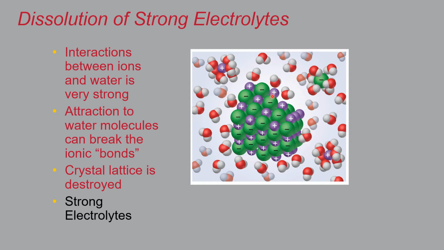Now, when you do this with salt, basically all of the salt, the entire grain or chunk, interacts with the water in this way. It dissociates, and substances that do that completely are referred to as strong electrolytes. So every ion that can be put into solution and be made mobile is. So we have mobile ions, we have a conductive solution.